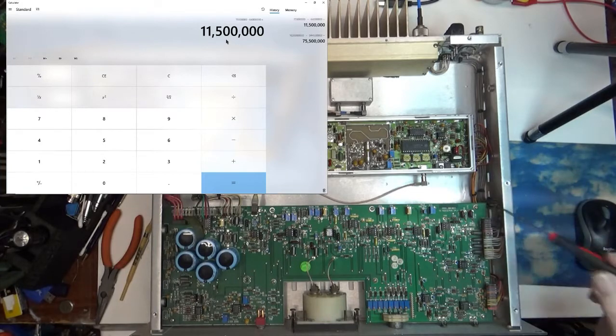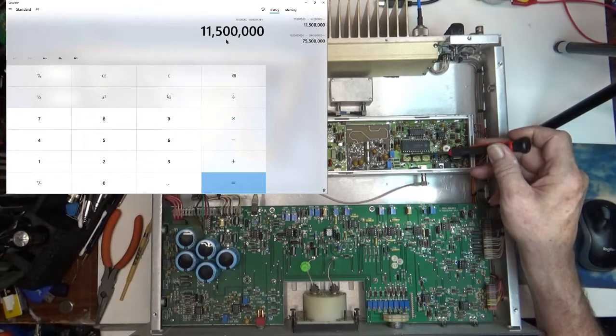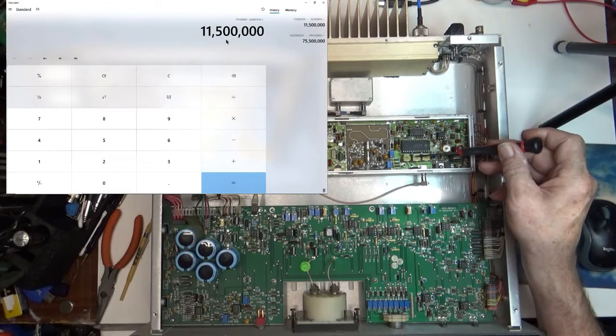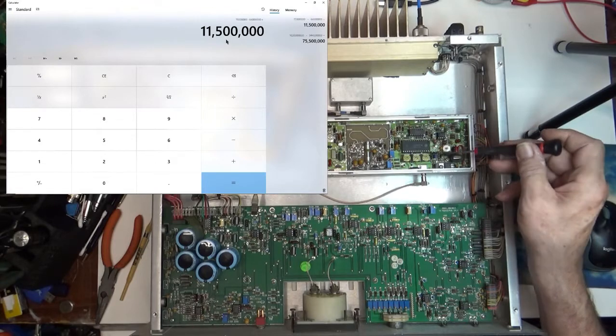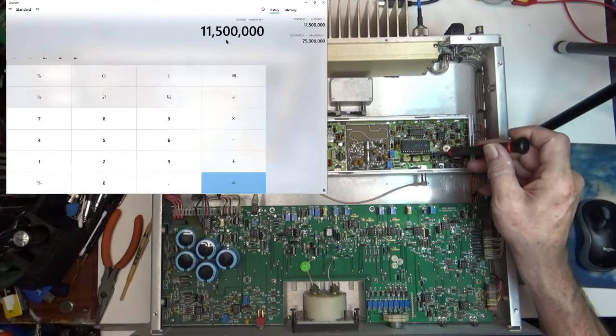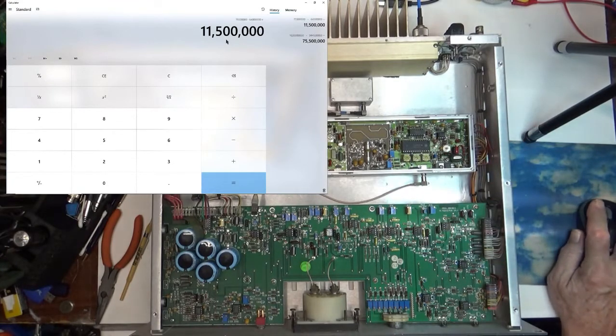The way these switches are set up, this first one is in increments of 4 megahertz. This one is in increments of 250,000 hertz. And this one is in increments of 25,000 hertz. So first thing we do is look at the 4 megahertz one, and how many times can you get 4 million into 11,500,000?